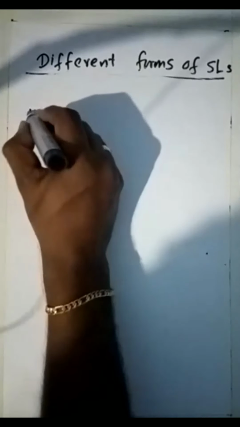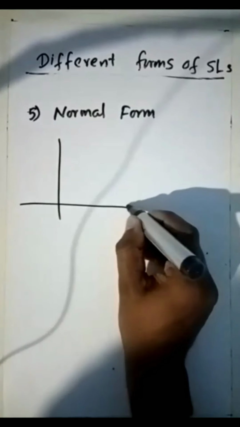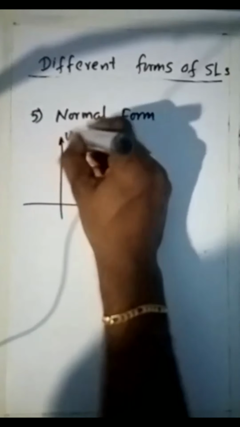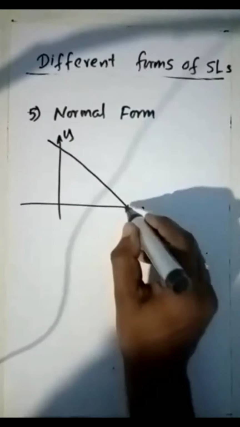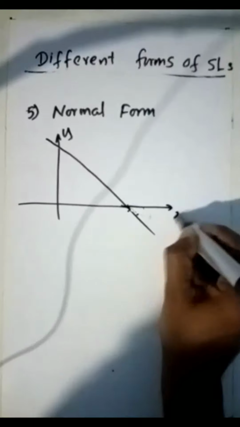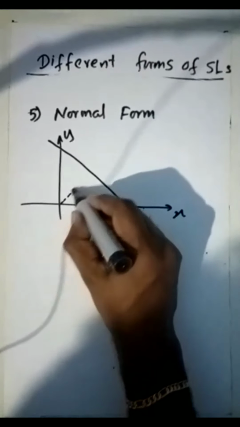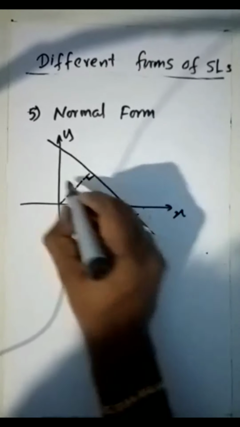Then fifth one, normal form. Normal form. Let's see what is that. Here x-axis, y-axis. Here this line given, and the given data perpendicular distance from the origin given as p.